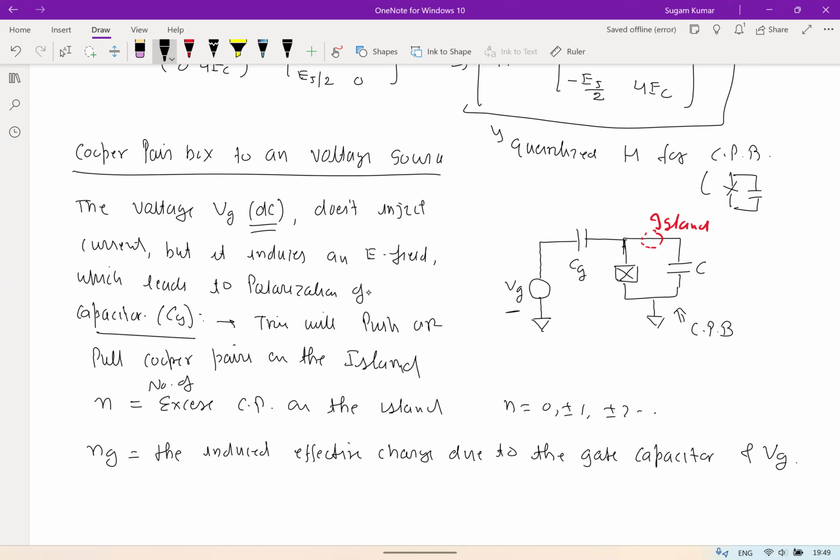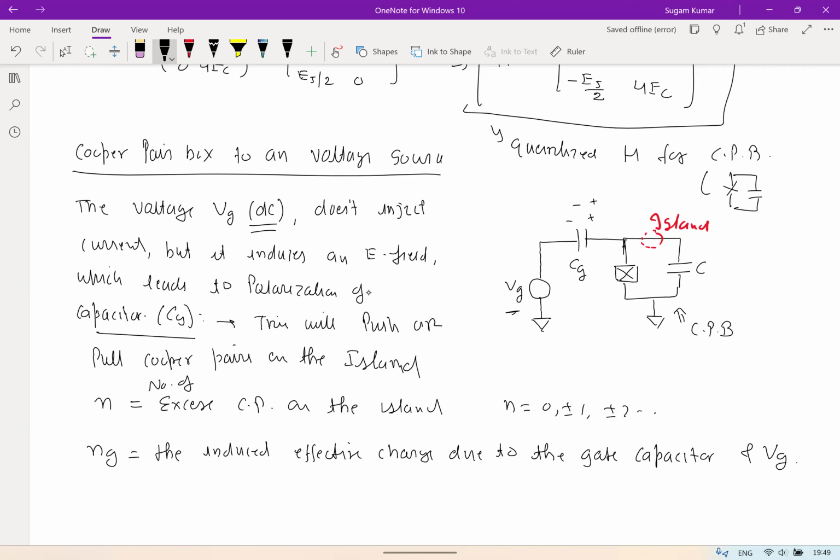When you apply VG, what will happen? This VG is applied across the CG, that is the gate capacitor, and it is going to create an electric field here. Maybe this side becomes positive and this side becomes negative, or vice versa, depending upon what type of polarity you put here.